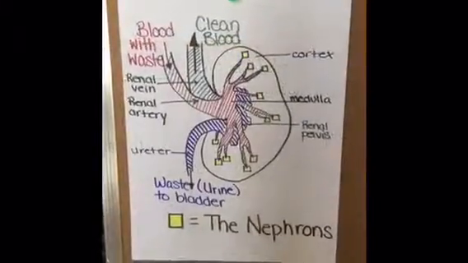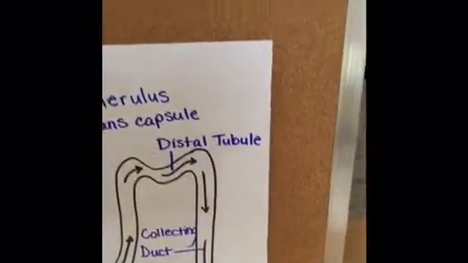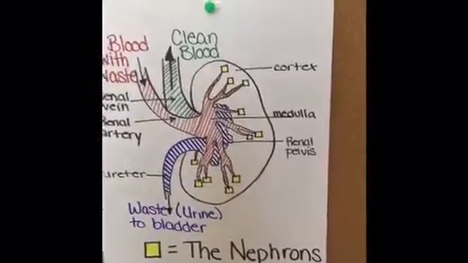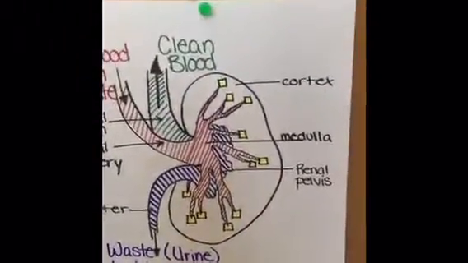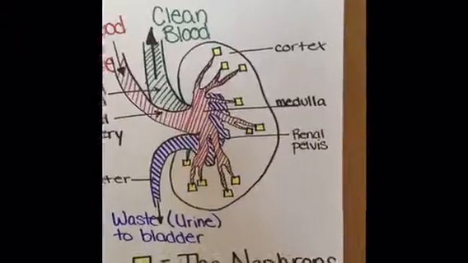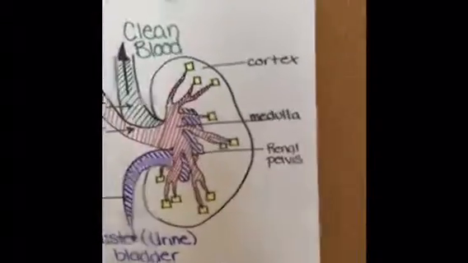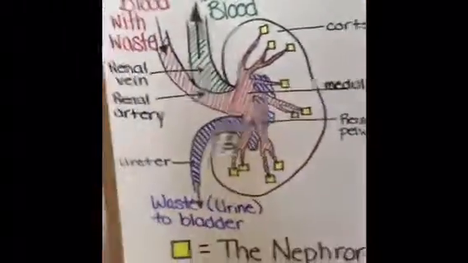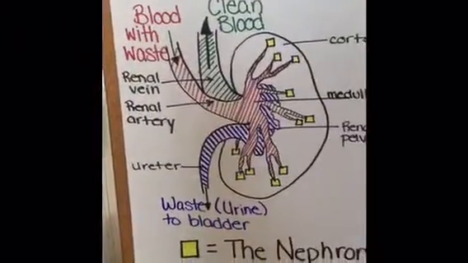So after we leave our collecting duct over here, the waste that is filtered out of our blood is sent to our renal pelvis. In the renal pelvis, the waste is collected right here, and then it's sent down into our ureter, which then sends our waste to our bladder.